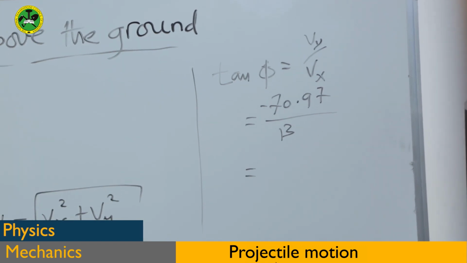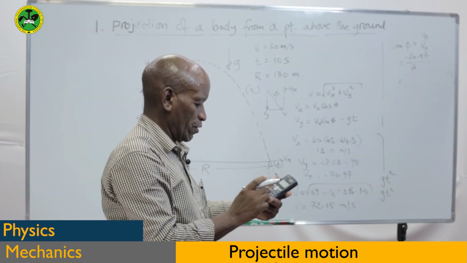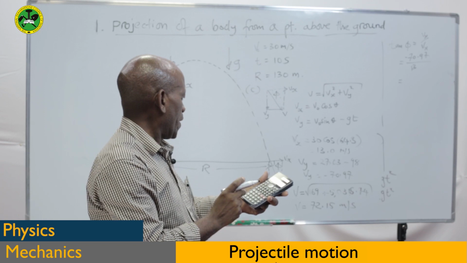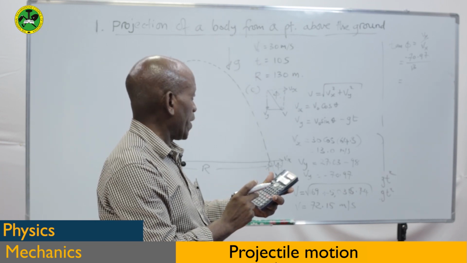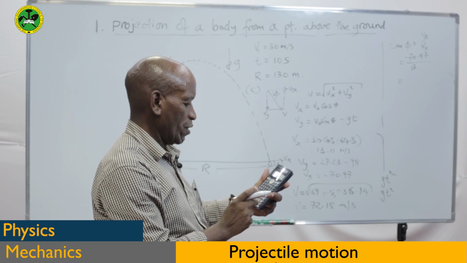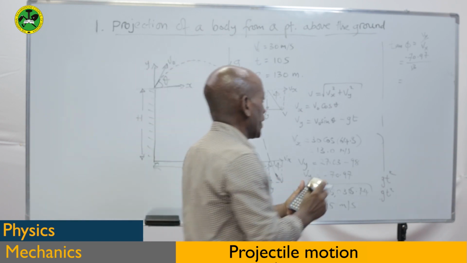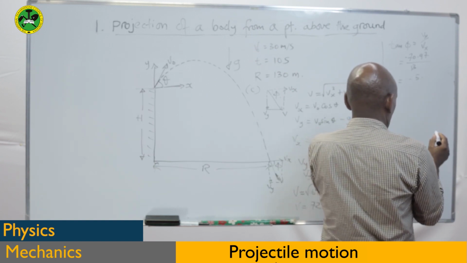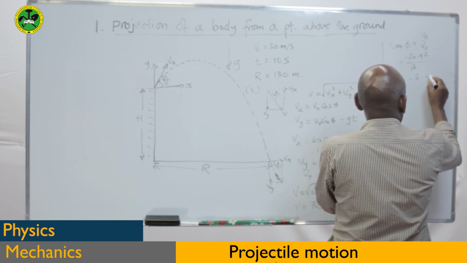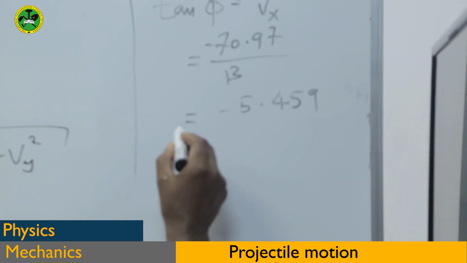And if we compute this, 70.97 divided by 13, we are going to get negative 5.459.